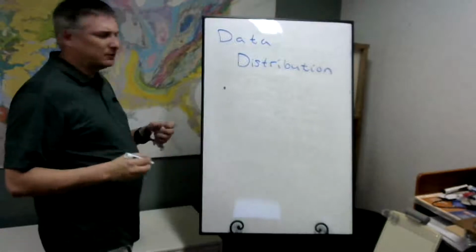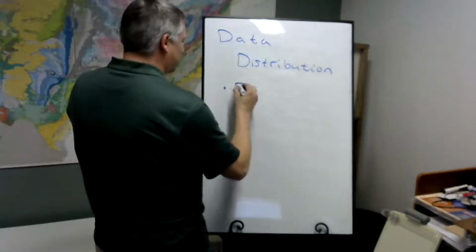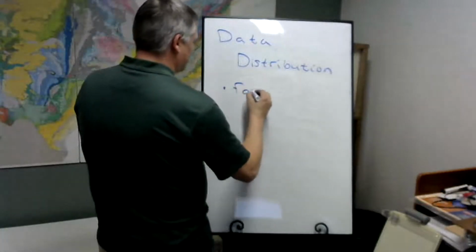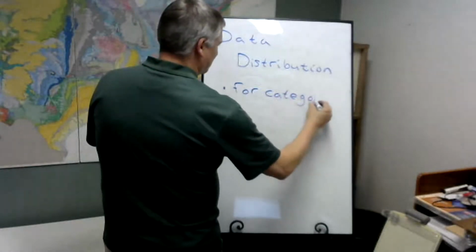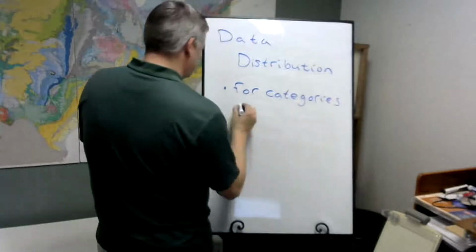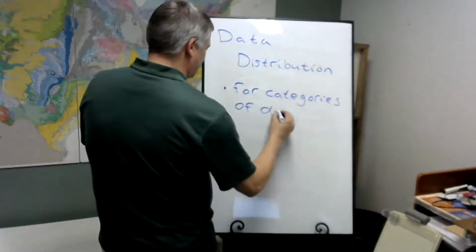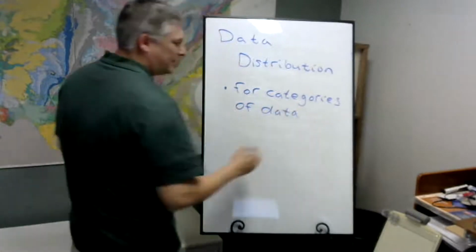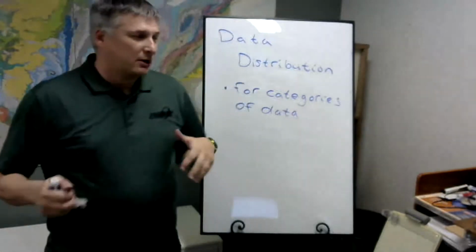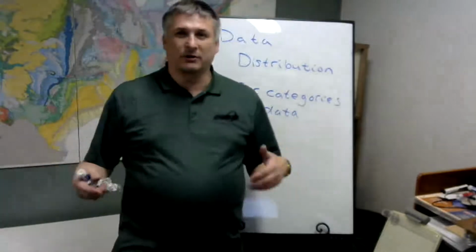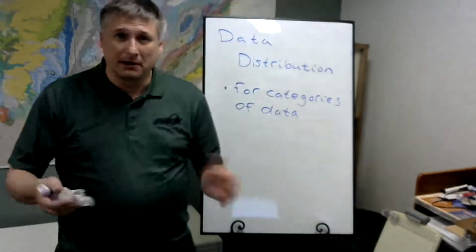And one of the things we're going to look at is categories of data. Now, these categories could be, for example, grades on a quiz. So a grade of A would be a category, a grade of B would be a category, and so on.